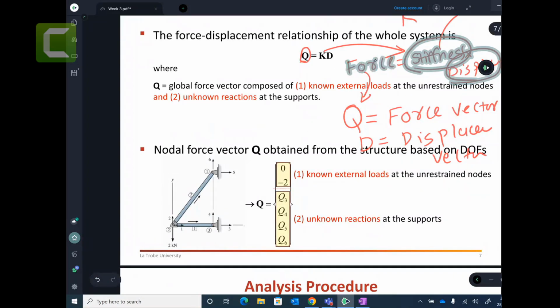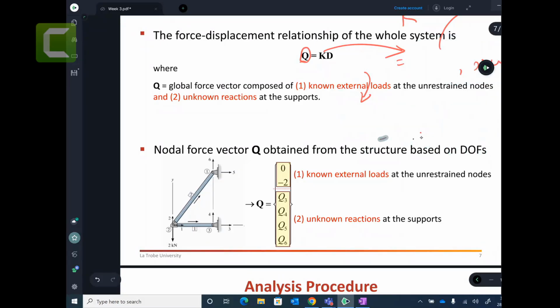Last week we did the stiffness matrix, which is the capital K. This week we're going to do capital Q, which is the force vector, and the displacement vector, which is the capital D. Now Q is a global force vector. I explained global coordinate systems and local coordinate systems last week. The whole truss system has a global coordinate system, which has one system like X and Y, sitting somewhere at 0, 0.